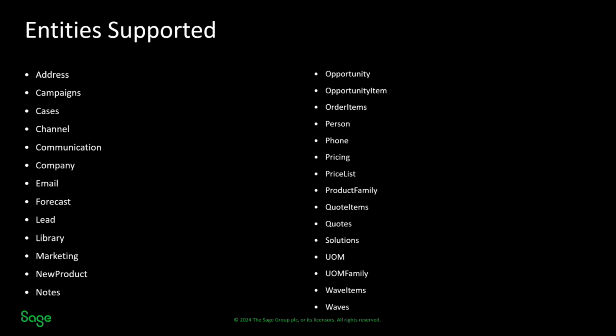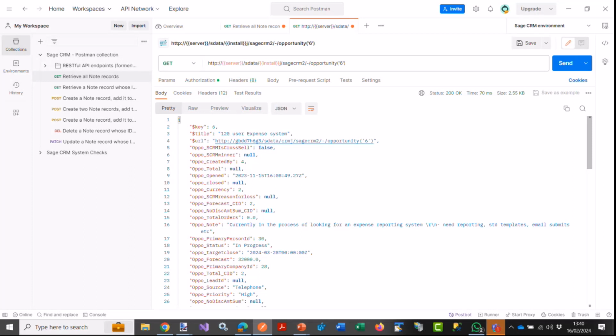But what we've got is the knowledge that we can start to see the objects that are available. Now, in this particular case, I might retrieve a URL looking down at a particular opportunity. In this particular case, I'm looking at opportunity 6.